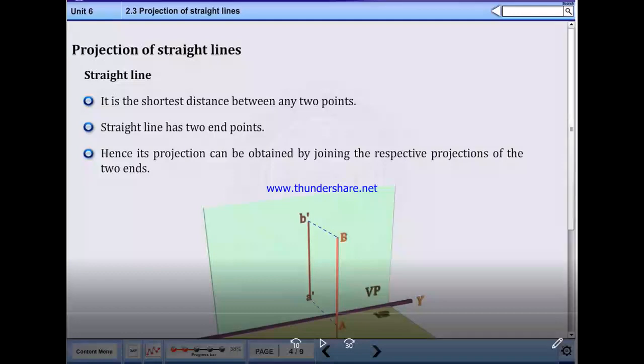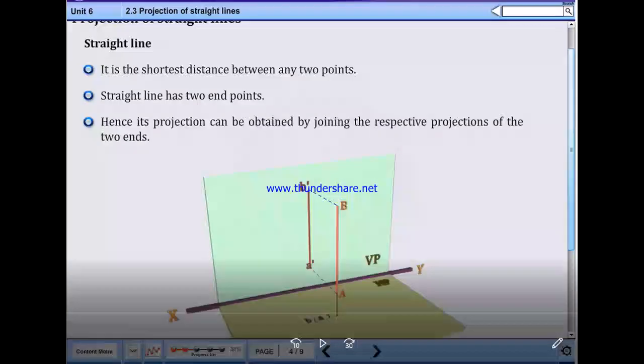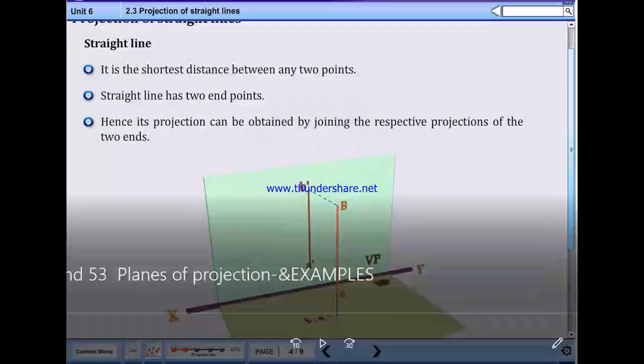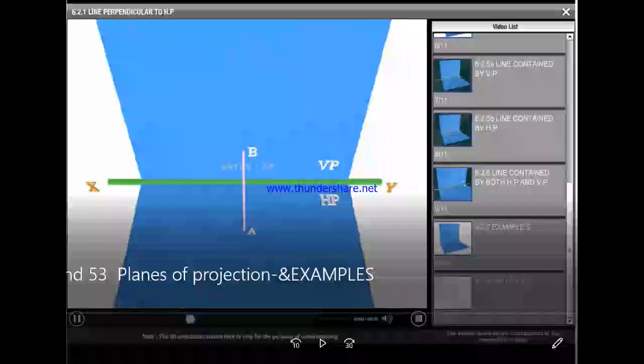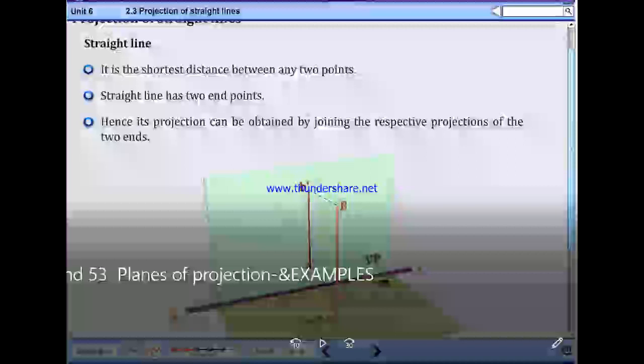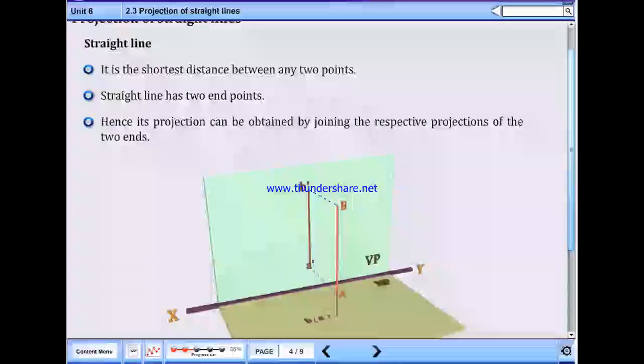A straight line has 2 end points, hence its projection can be obtained by joining the respective projections of the 2 ends. Note down. Note on the figure.